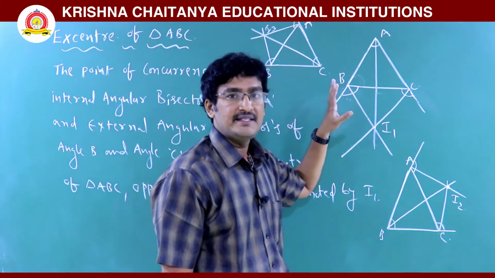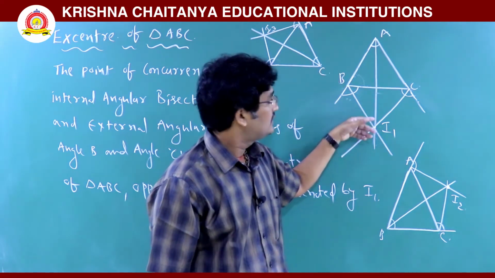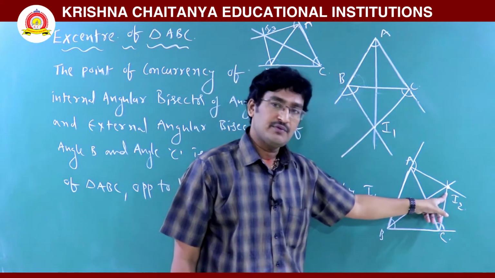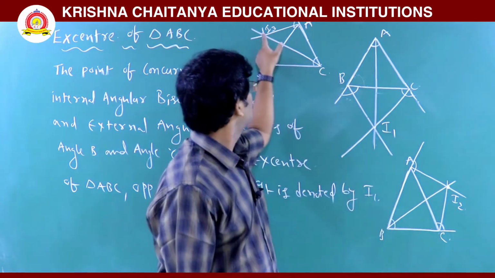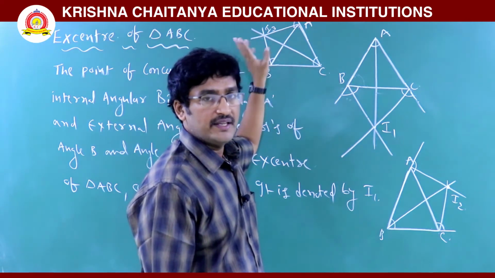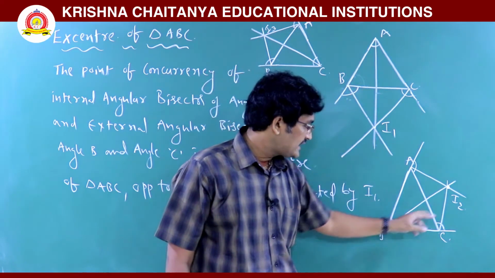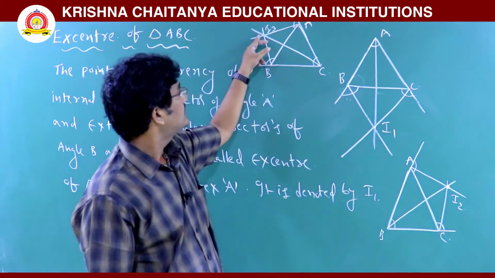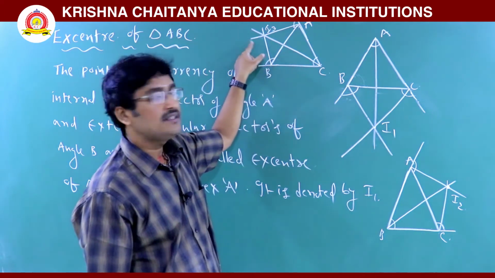If the triangle is named ABC, then the first excenter is located here, opposite to vertex A. The other one is this one, the excenter of triangle ABC opposite to vertex B. This is one more, also an excenter of triangle ABC, opposite to vertex C. The excenter opposite to A is denoted with I1, the one opposite to B is denoted with I2, and the one opposite to angle C is denoted with I3.